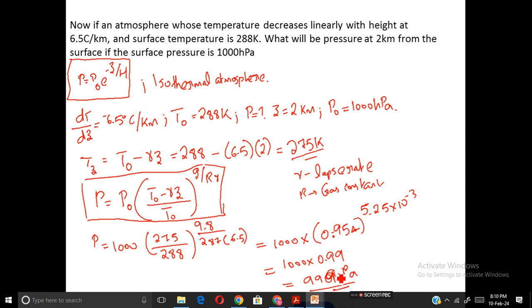Okay, 999 hectopascal it is coming. Yeah, because we have traveled only 2 kilometers of height. Just 2 kilometers is almost close to the surface only. Yeah, 0.25 hectopascal only. That much only change is coming.